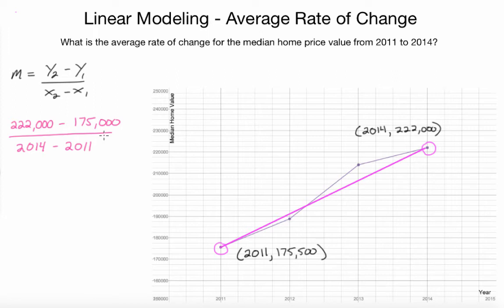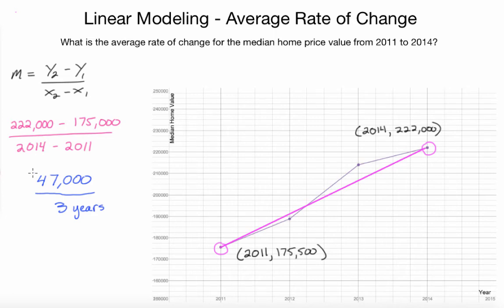All right, let's do some calculations here. 222,000 minus 175,000 gives us an increase of 47,000. So over that 3-year period, the median home value increased by $47,000. And if I subtract the bottom, 2014 minus 2011, it was over 3 years.